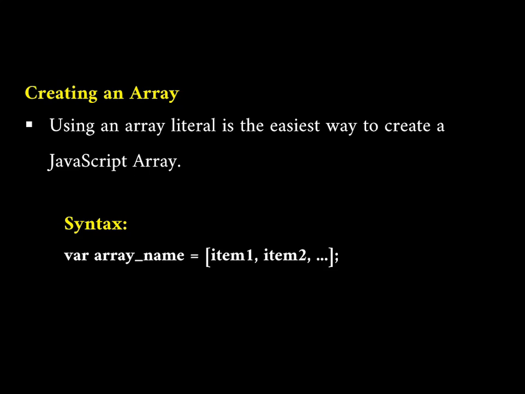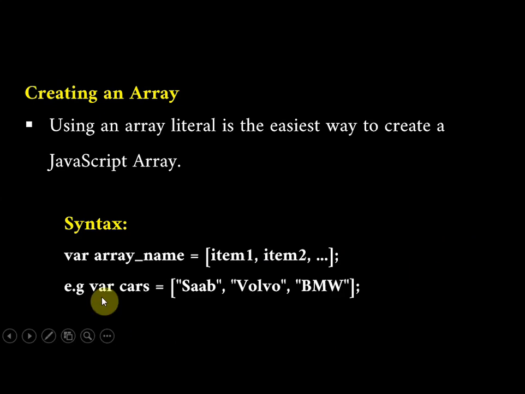The syntax of declaring an array is: first the var keyword, then the name of the array, and an equal sign. After that, in square brackets you specify the items, item1, item2, and so on. For example, to store car names under one variable, var cars, then the name of each car in double quotes.